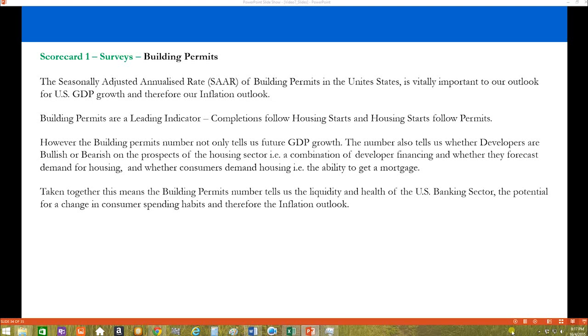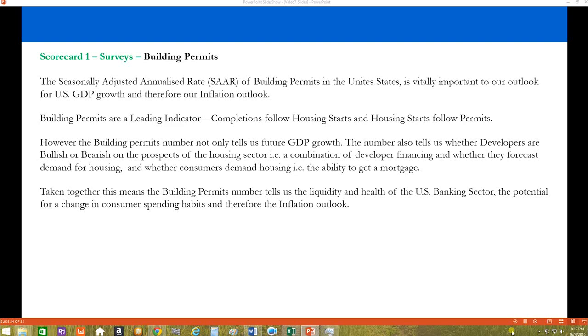It also tells us whether developers are bullish or bearish on the prospects of the housing sector. And it also gives us an idea of the combination of developer financing and whether they're forecasting a demand for housing in the future. But it also tells us as well whether consumers are demanding housing.